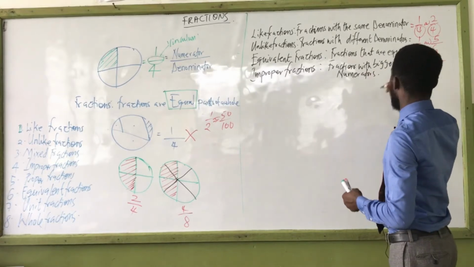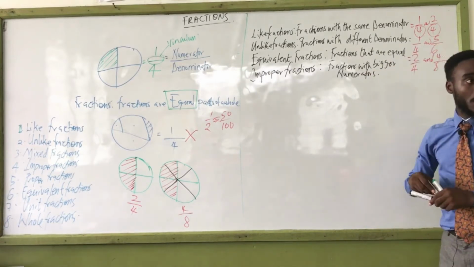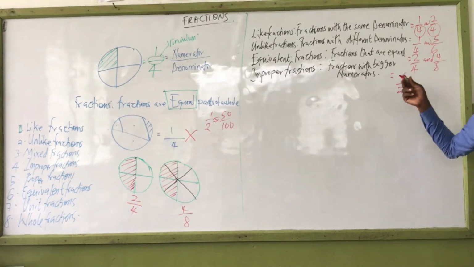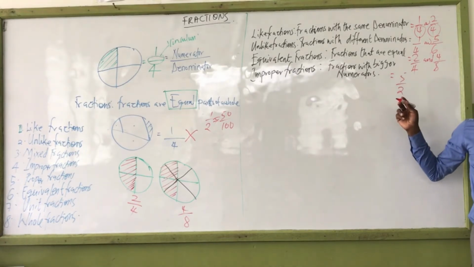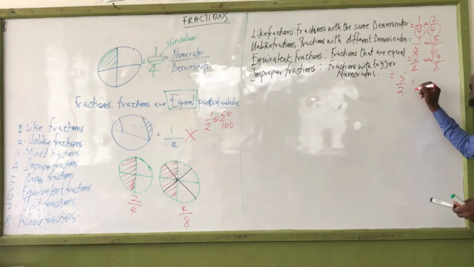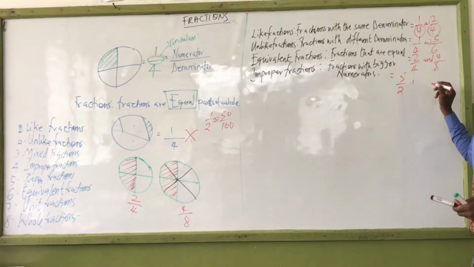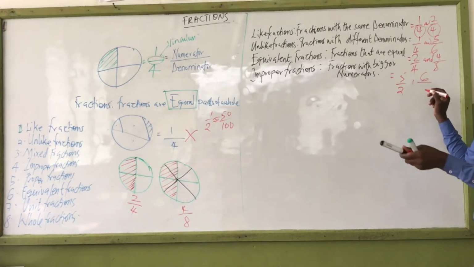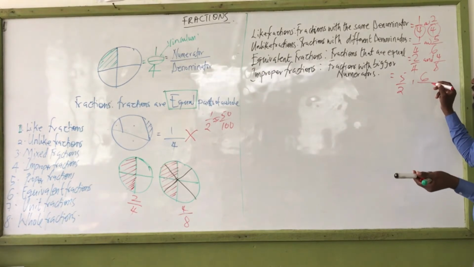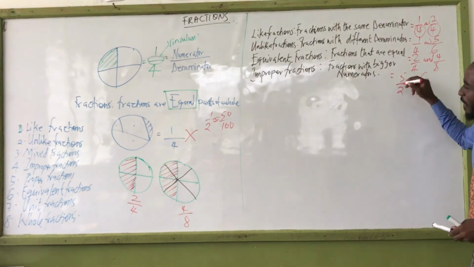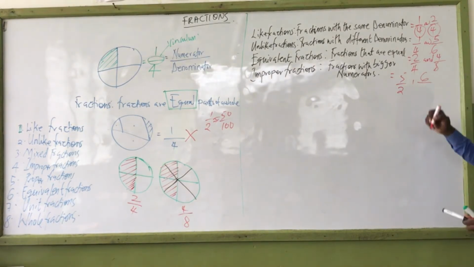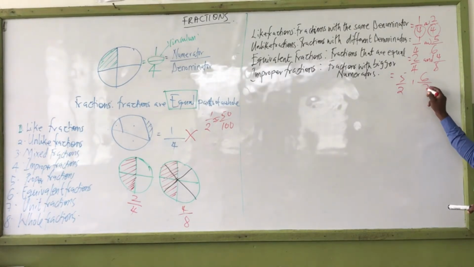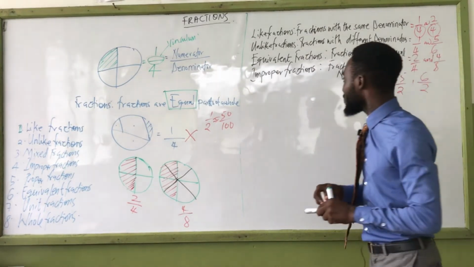Example is 5 out of 2. Any other example? 6 out of 2. All right.